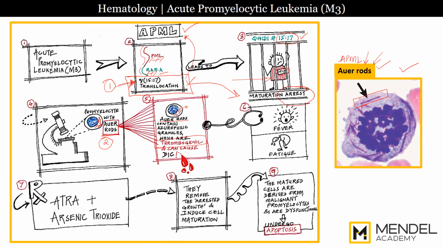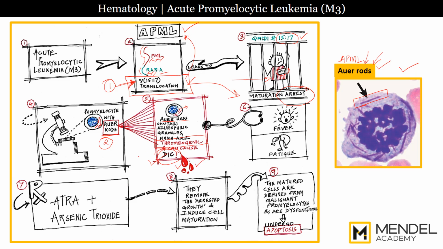Now, once they are released in the bloodstream, they can start forming platelet clots, and the platelet clots in turn will activate the coagulation factors, leading to consumption of all the coagulation factors, leading to formation of DIC, or what is called as disseminated intravascular coagulation.